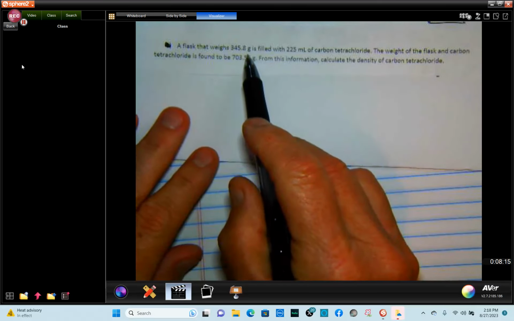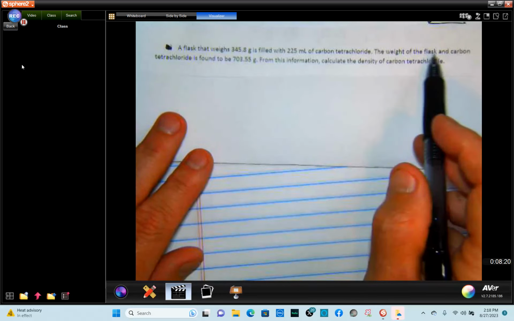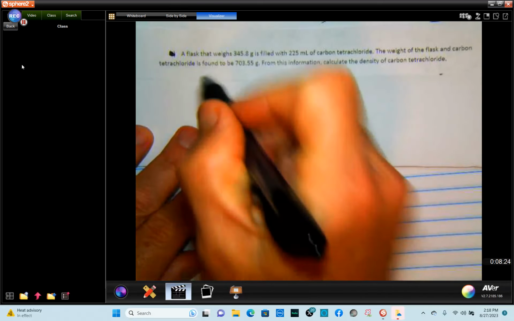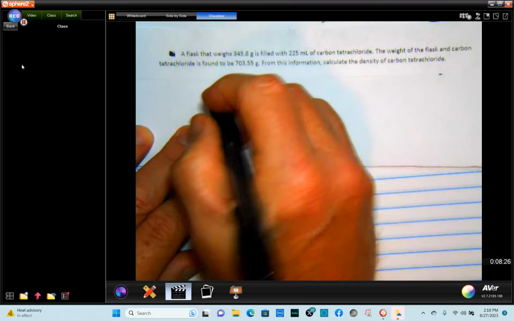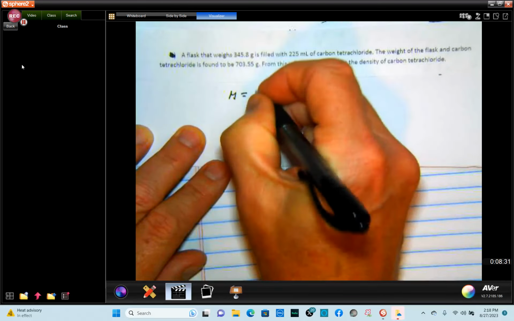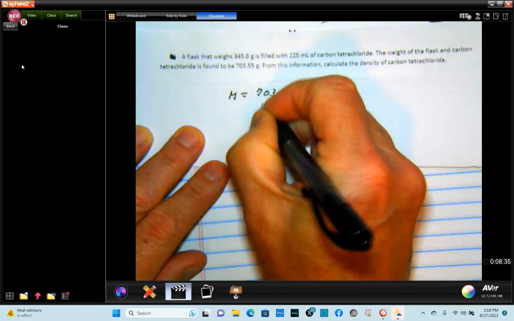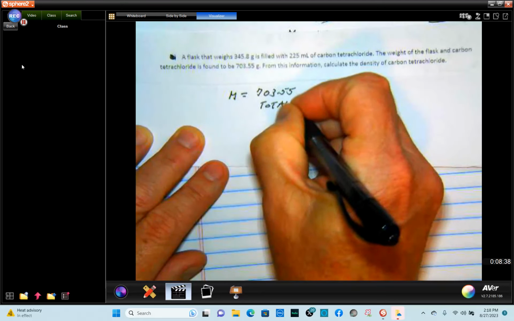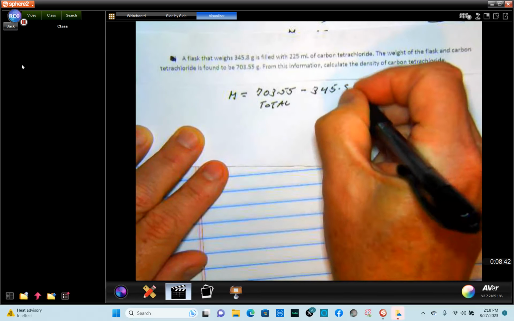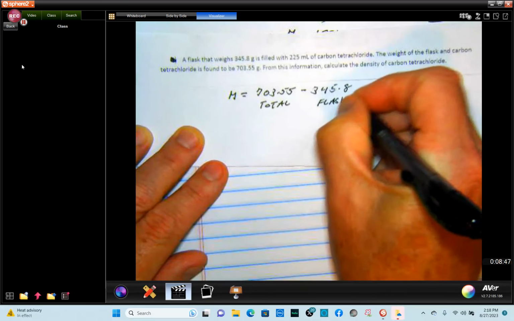Well, we've got the mass given to us as a total of the flask and the carbon tet. So we've got to find the mass of just the carbon tet. So the mass is going to be the total minus the flask. And again, this is in grams.